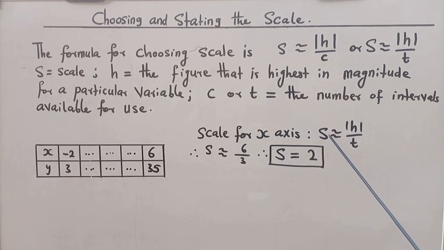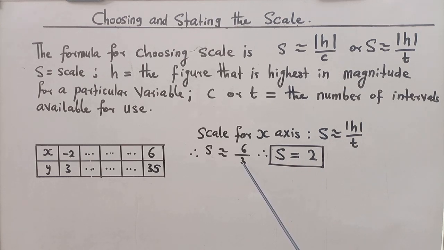is such that scale is approximately equal to h over t as before. Recall I said that the highest magnitude corresponding to x is 6. That is why this h should become 6 here. And the number of intervals perhaps is 3. That is, from the origin to the right of the x-axis, there are 3 usable intervals.